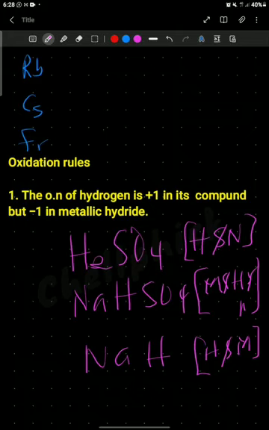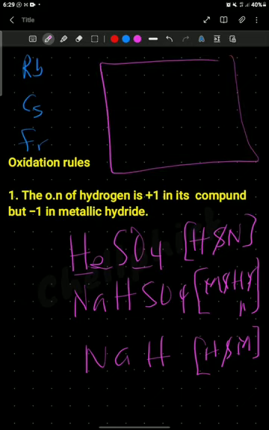Now pay attention. When hydrogen reacts with non-metals, look at it, it's like a story. Hydrogen will behave like a metal to them. So those non-metals will be seeing hydrogen as someone who is a metal. So hydrogen will use the opportunity to take +1 and behave like a metal.